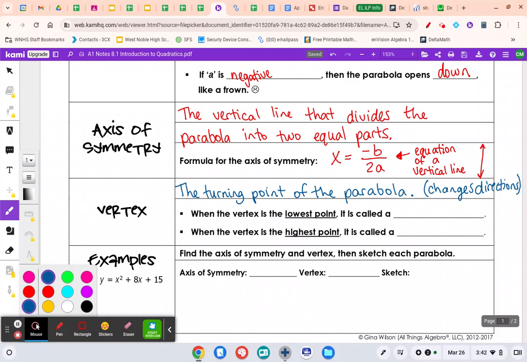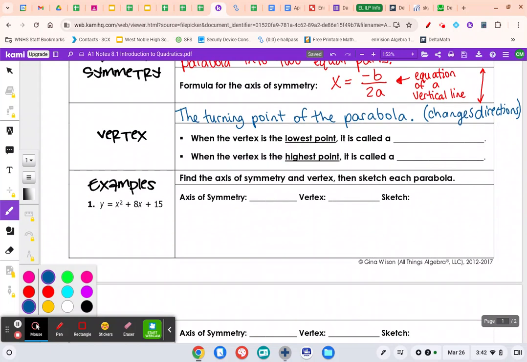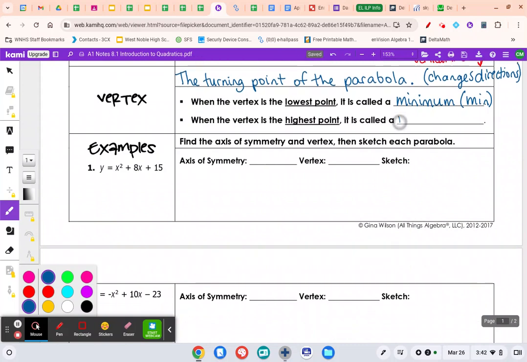I called them the maximum and the minimum point. So when the vertex is the lowest point, it is called the minimum. I usually shorten that to min. You can write the whole thing if you want. And if the vertex is the highest point, it is called the maximum or the max.